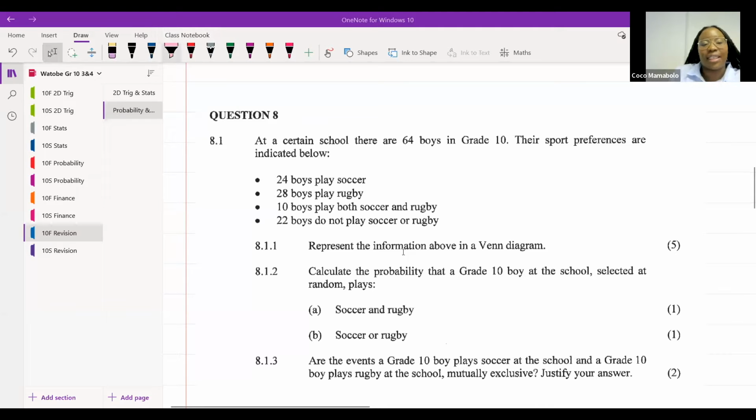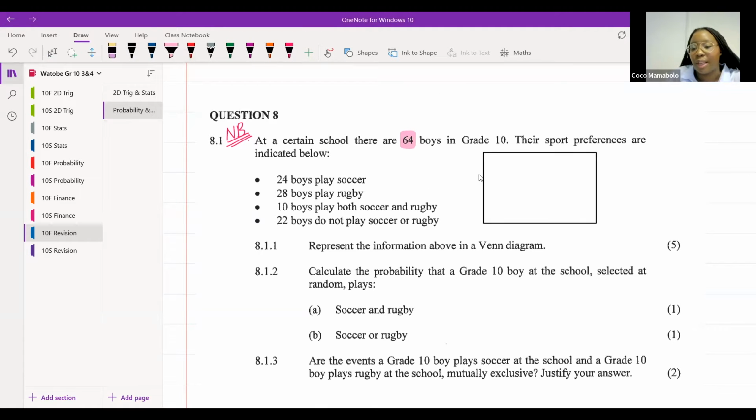Okay, so the question over here says, let's read from the very beginning. Remember, guys, the first thing we always do when we get a question is we read. Always, always, always start by reading. It says, at a certain school, there are 64 boys in grade 10. So what do we call the 64, guys? What is that 64 actually called?